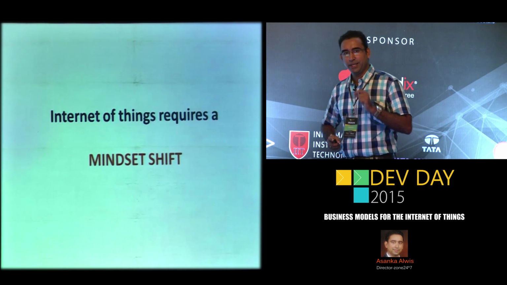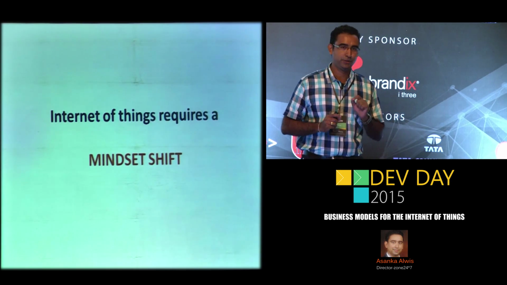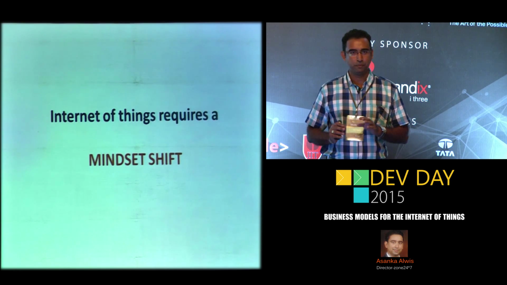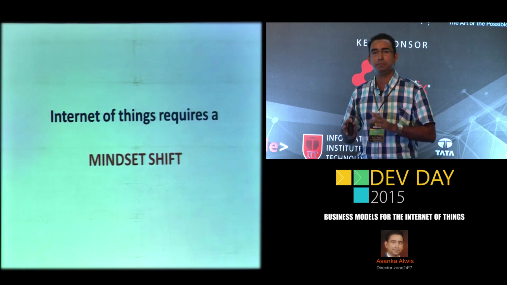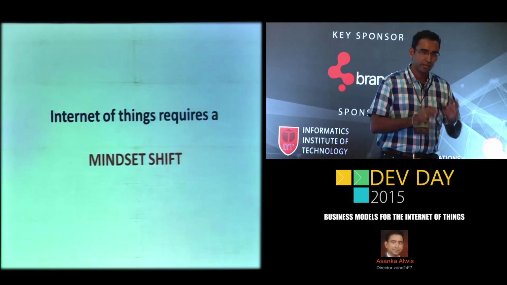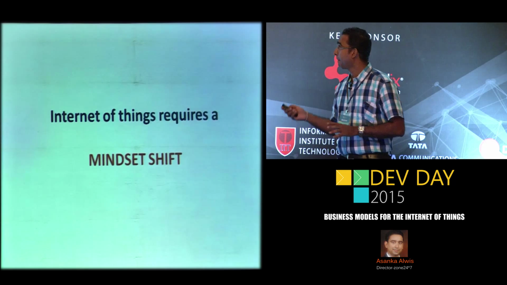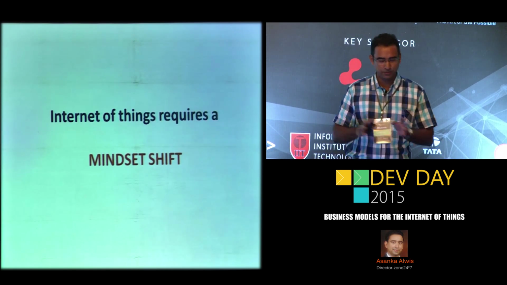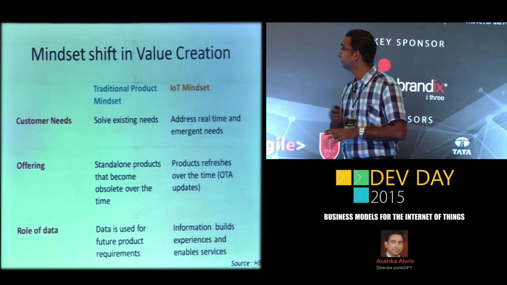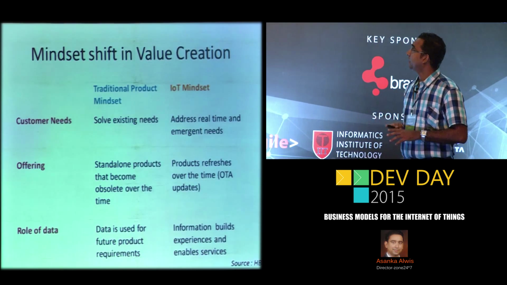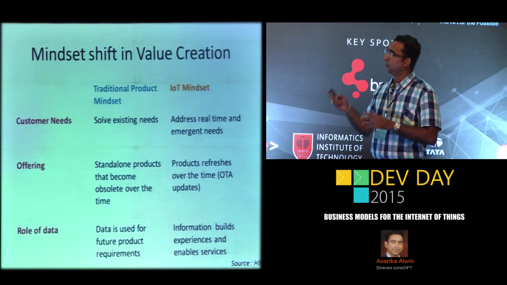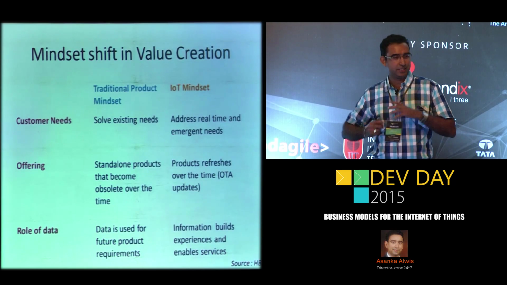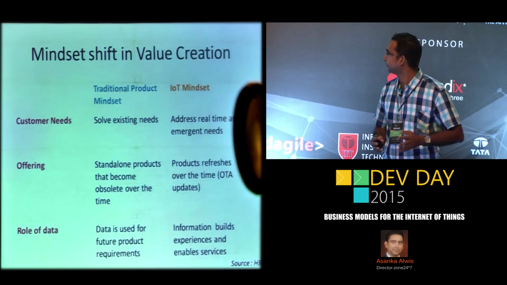When it comes to the Internet of Things, the first thing you have to keep in mind is that there should be a mindset shift when dealing with IoT products compared to traditional products. This mindset shift should be done in value creation as well as value capture. For value creation, the customer need in the traditional product mindset is to solve existing needs.